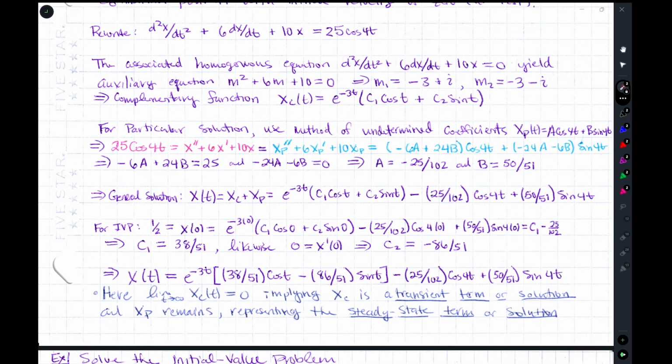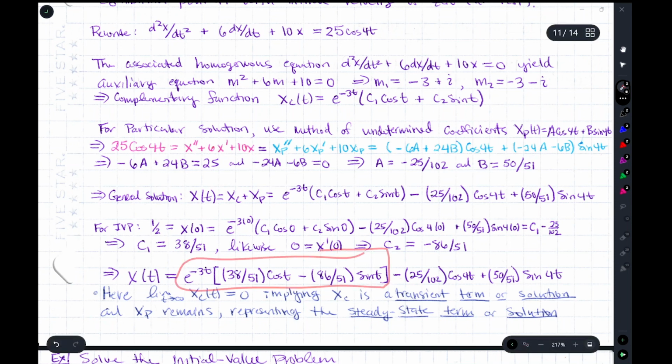It goes down to 0 fairly quickly in an exponential manner. And this term here is just oscillatory. Cosine has a max of 1, sine has a max of 1, and a min of minus 1. And so this term here goes to 0 as t goes to infinity.